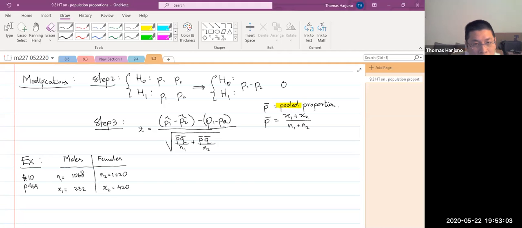Or you can say this is the number of people getting osteoporosis, or the number of students who pass statistics class, or the number of people who support that we open the economy, right?